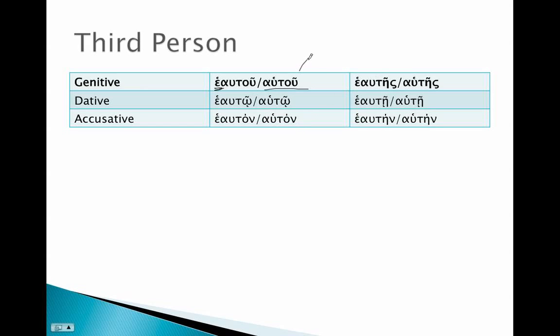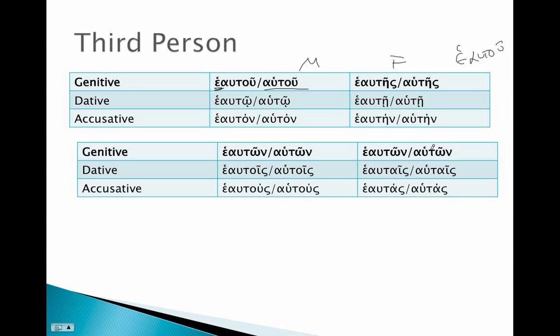We've got the masculine form, the feminine form, and there is actually a neuter form, and it is exactly what you would expect it to be. So you're just adding an epsilon aspirated to a form of autos.